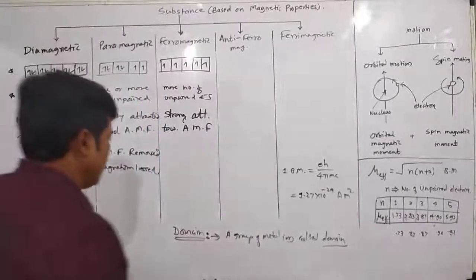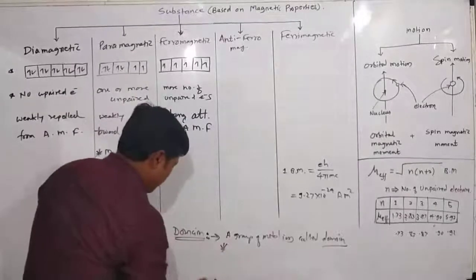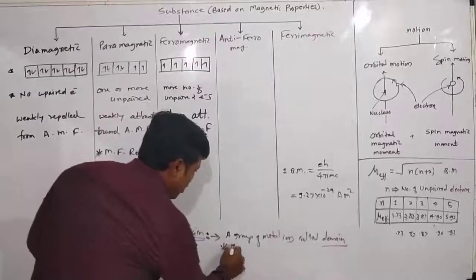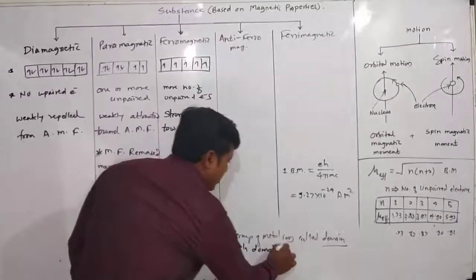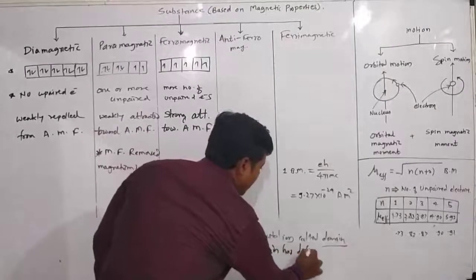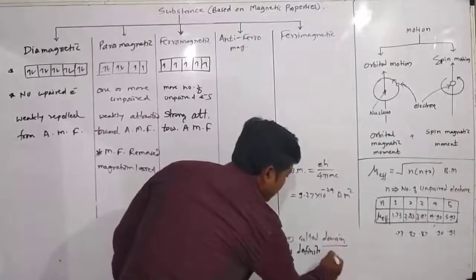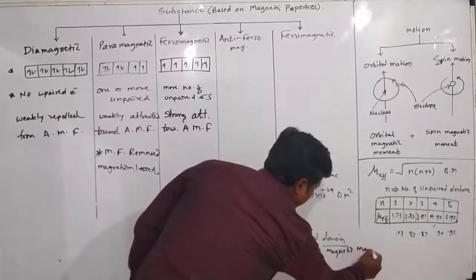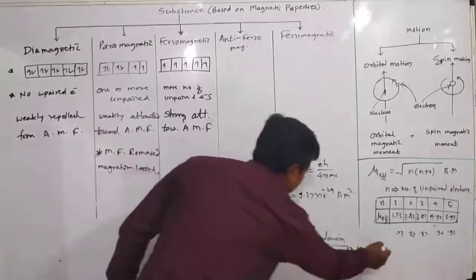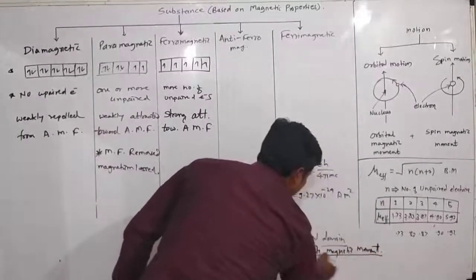And most important, each domain has a definite magnetic moment. That is most important.